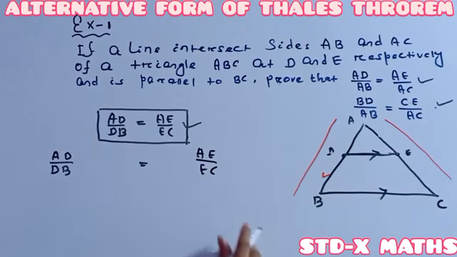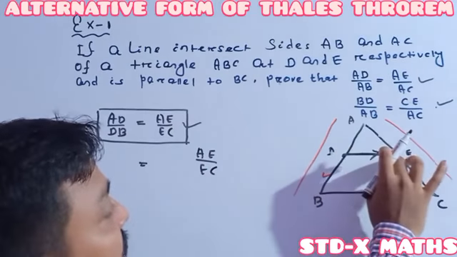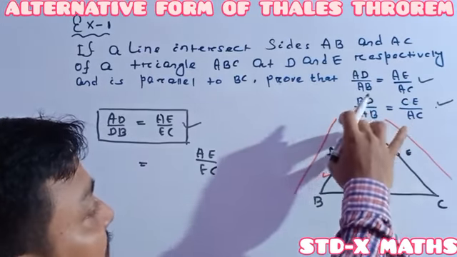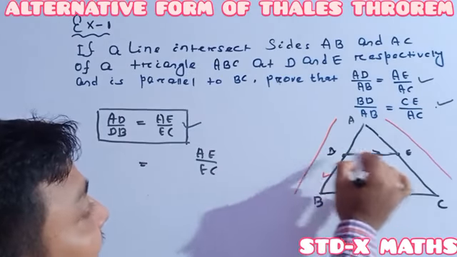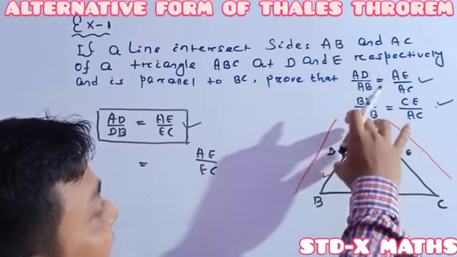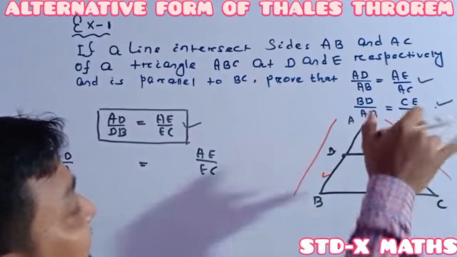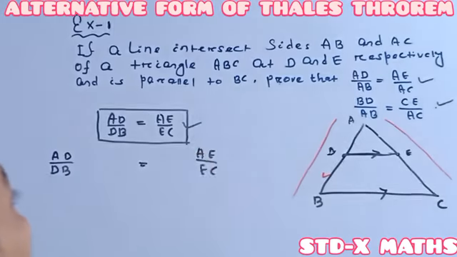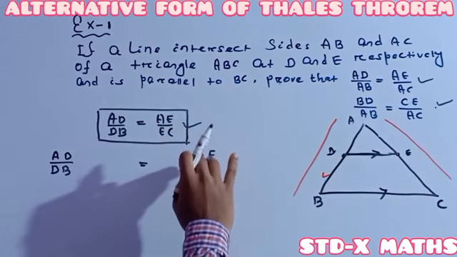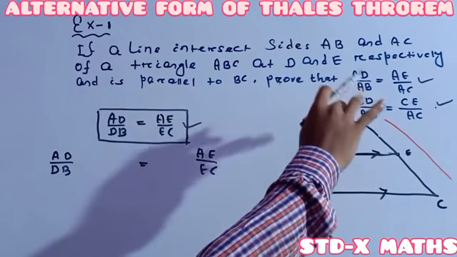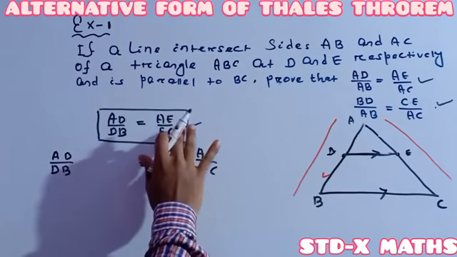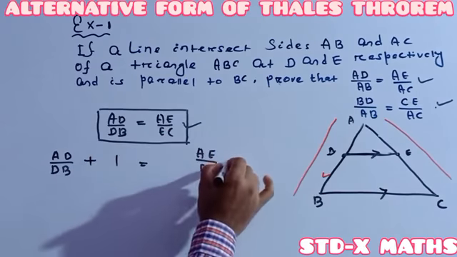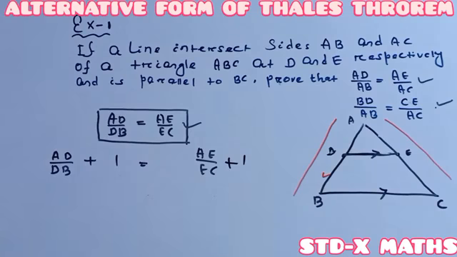According to the Thales theorem, you already know that whenever this is parallel to this, then the line intersects at two different points D and E, and it divides AB and AC in the same ratio. Already it is proved. So from the proved result I want to process so that I will get these two. Here on both sides I am adding 1. See what I will get.